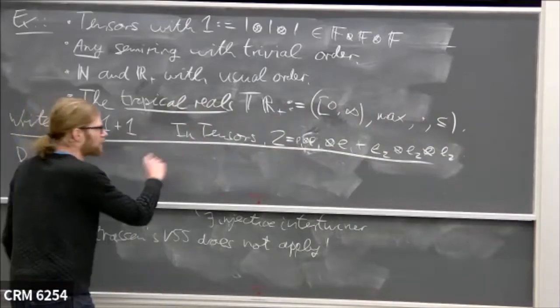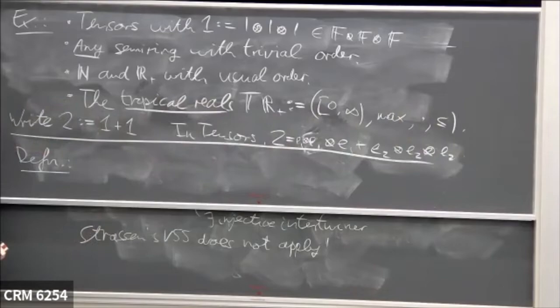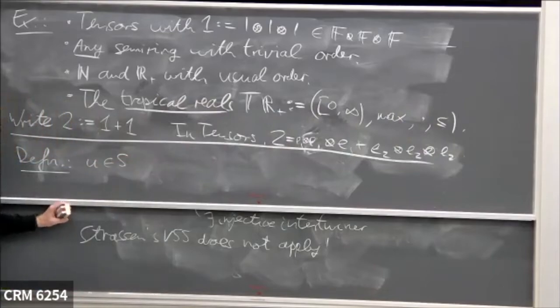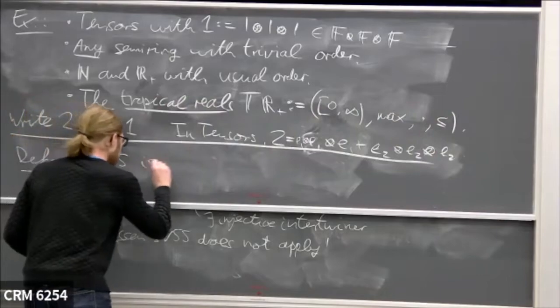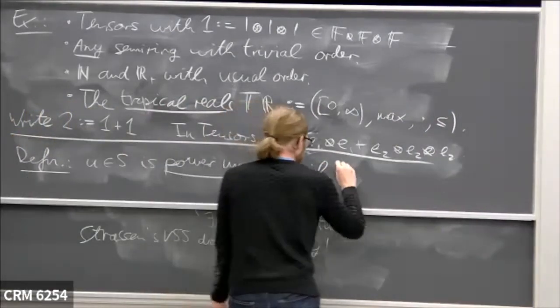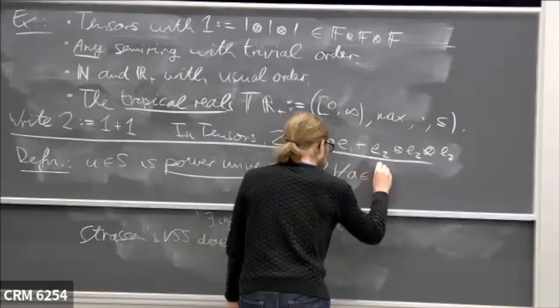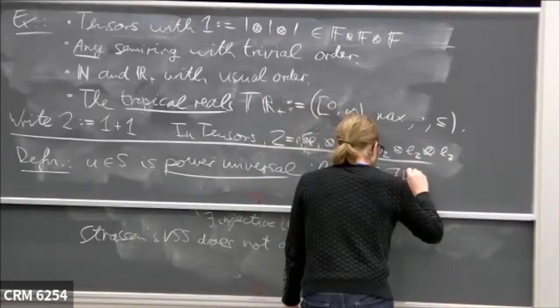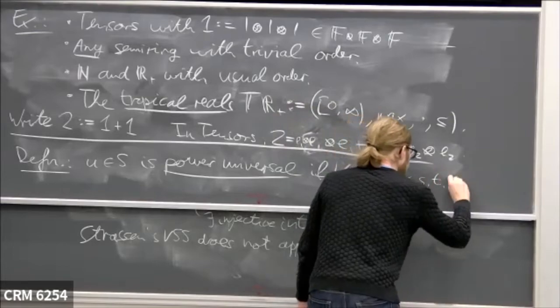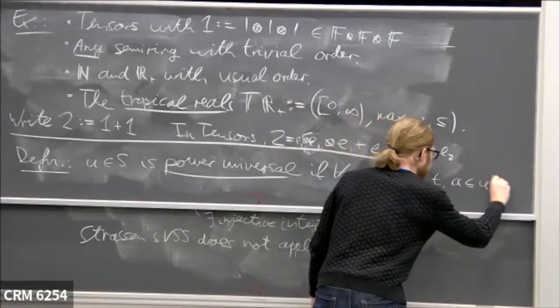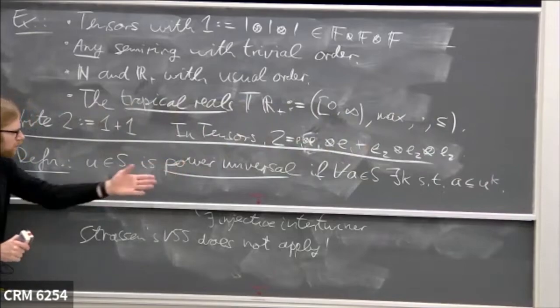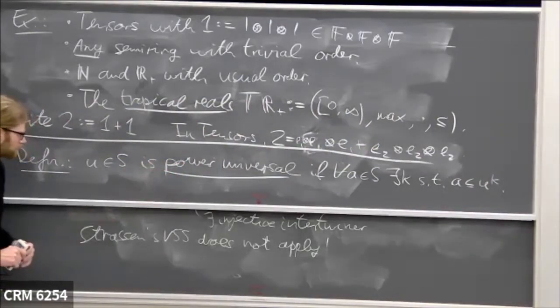So if we have just an ordered semiring S, then I will call an element U in S power universal if for all A in S there exists some K such that A is less than or equal to U to the K. So it's the same boundedness condition, just with the 2 replaced by this power universal element U.